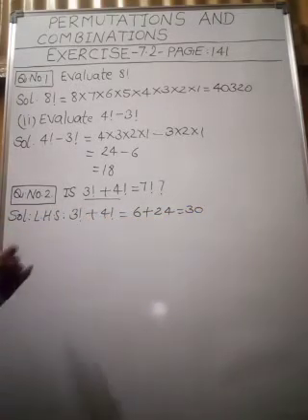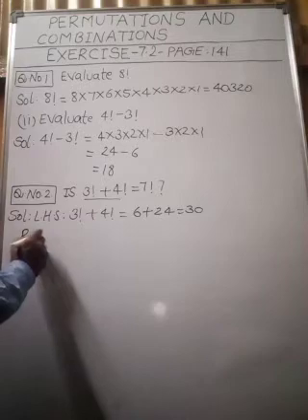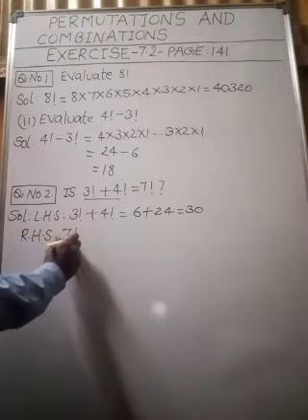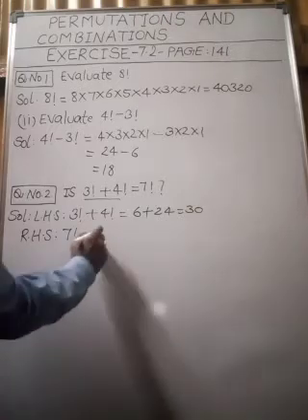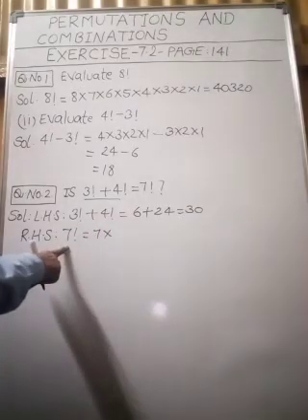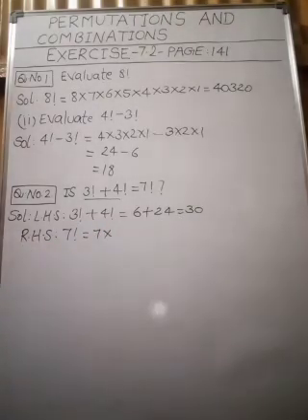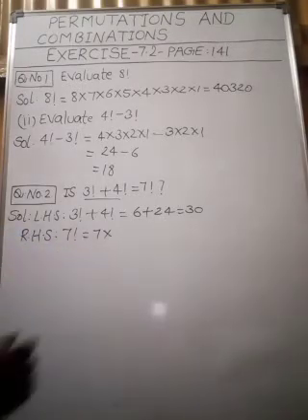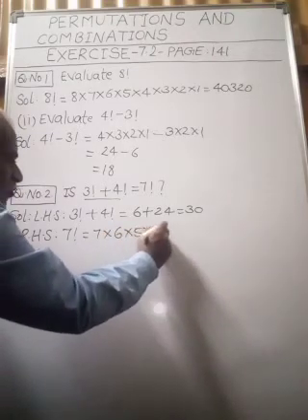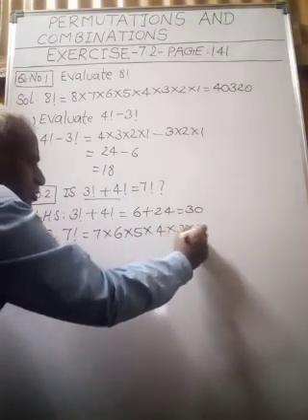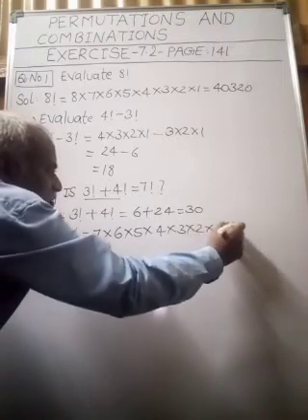Right. Now come to the RHS, 7 factorial. How do you find 7 factorial? We write the natural numbers in descending order starting from this number: 7 into 6 into 5 into 4 into 3 into 2 into 1. What is the value?